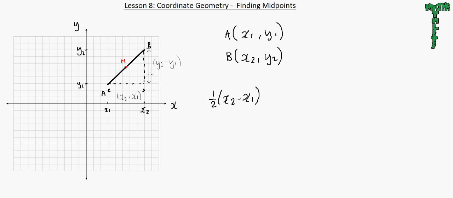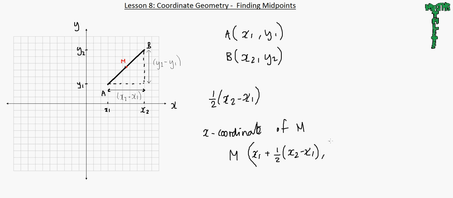So if we wanted the x coordinate of M, you have to put what you already started with, which was x1, plus half of x2 minus x1, and that would be your x coordinate of M only. This is your x coordinate, and you do the exact same thing for your y coordinate.